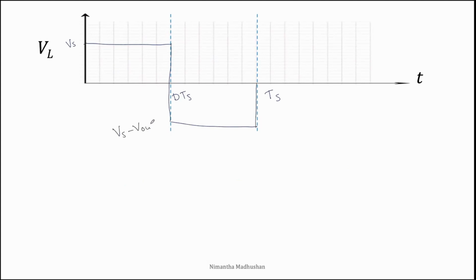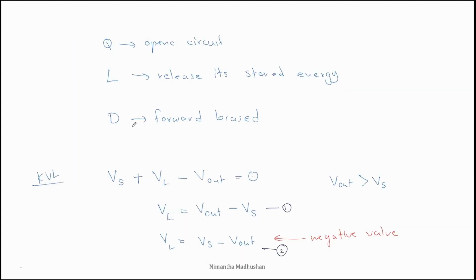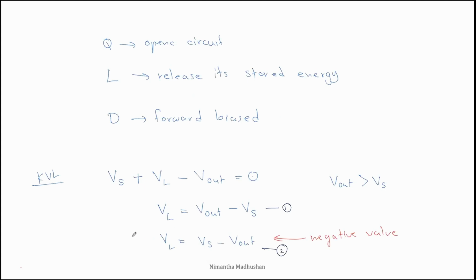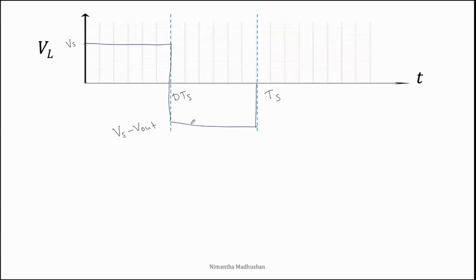The main reason is that I'm measuring the voltage between these two points A and B. Now you can see we are getting negative voltage between A and B. Here the polarity at point A is minus and polarity at point B is positive, so I am getting a negative voltage. Then I use this second equation: VL is equal to Vs minus Vout. Then I draw the negative voltage here.